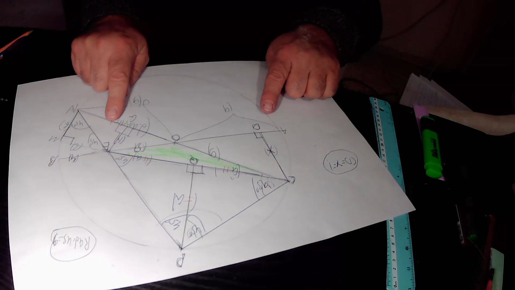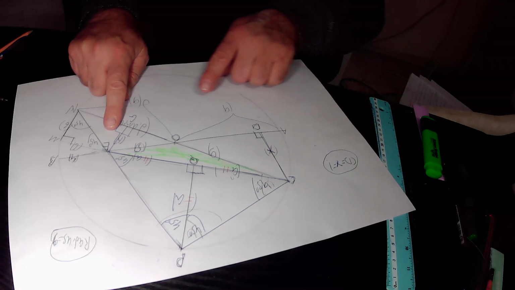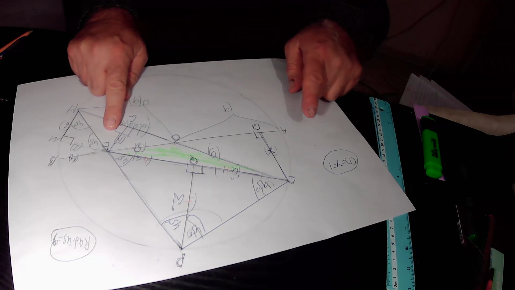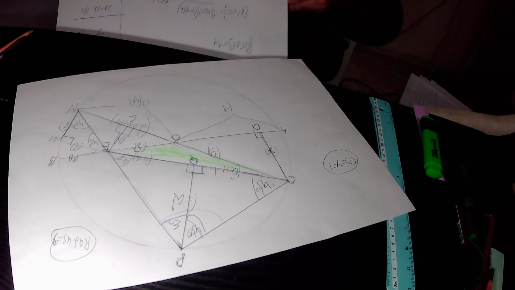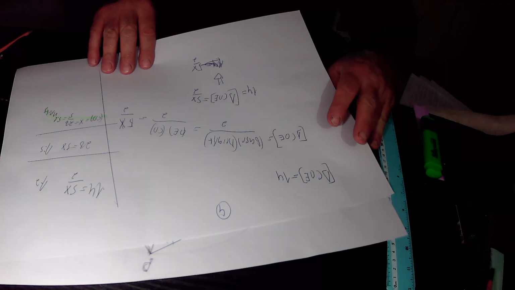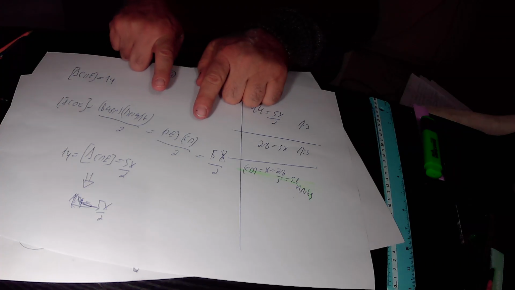CD definitely is at 90 degrees with the extended base EA. So CD is the height of the base. Again, we choose the base of the triangle COE as OE, and the height to the base as CD, over 2.